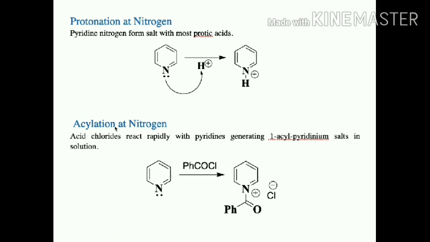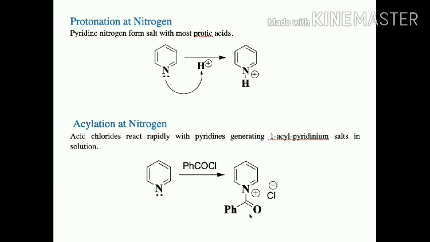If you look at acylation at nitrogen, acid chlorides react rapidly with pyridine, generating a 1-acyl pyridinium salt in the solution. So here pyridine reacts with the acid chloride and forms the 1-acyl pyridinium salt. This is a very good example, which we use in the preparation of aspirin.